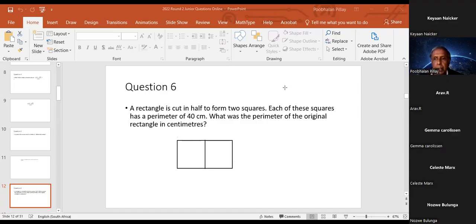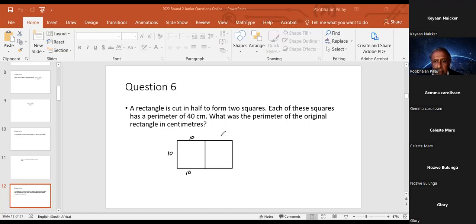Each of these squares has perimeter 40. So if you take the perimeter of the squares, if you go all around it, it's 40. And in the square, of course, all the sides are the same. So you add these 4 equal numbers to get 40. So each of them must have been 10. So all these sides are 10.